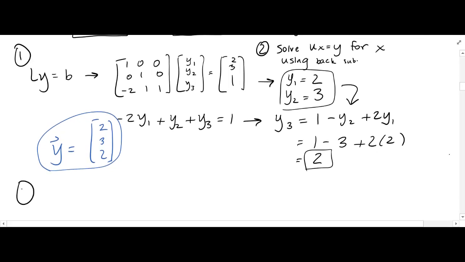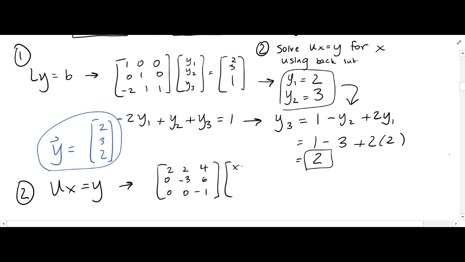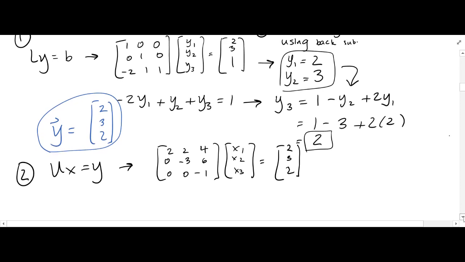So this was like the first step. The second step is solving Ux equals y for x. So our U matrix was 2, 2, 4, 0, negative 3, 6, 0, 0, negative 1 times x equals y, which is 2, 3, 2.